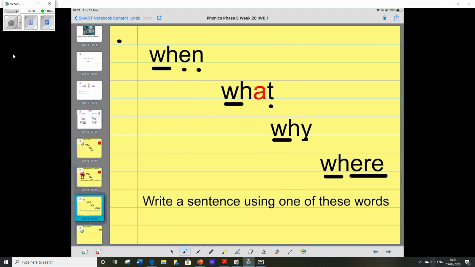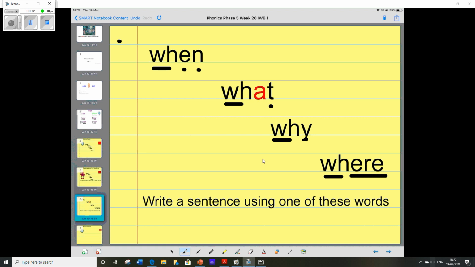So now it's time for those tricky words, same ones as we practiced yesterday. And today I want you to have another go at writing a sentence using them. Even better if you can write a question and remember those question marks that need to go at the end. So first we're going to say the words. When. So I'm going to run the cursor over the phonemes and then I want you to read them.